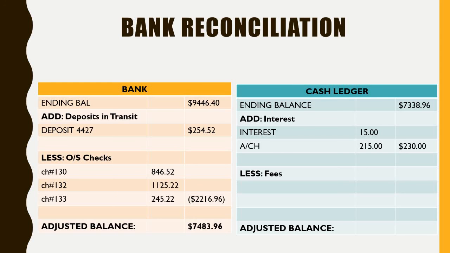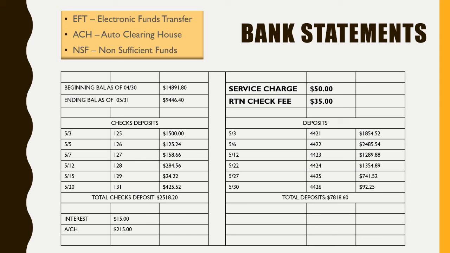Now that we got that out of the way, now we have to deal with our fees. So any service charge, any returns, any fees like that, NSF fees, right? Then we're going to take a look at that. Once again, my bank statement tells me at the very top of this page that I have a service charge of $50 and I had a return check fee which cost me $35.